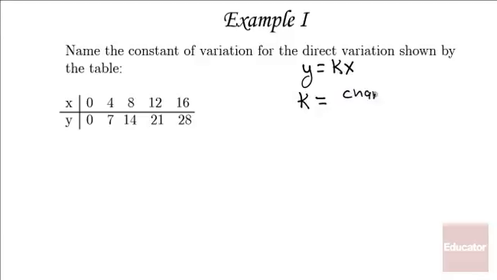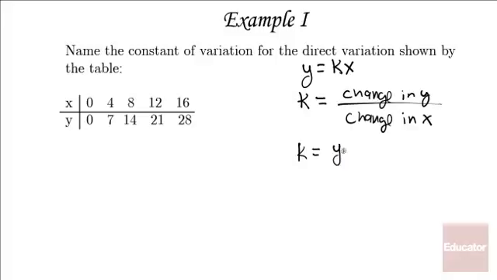So it is the change in y divided by the change in x. And therefore, we can use our different sets of x and y values to find k. Recall the slope equation, where the slope equals y2 minus y1 divided by x2 minus x1.